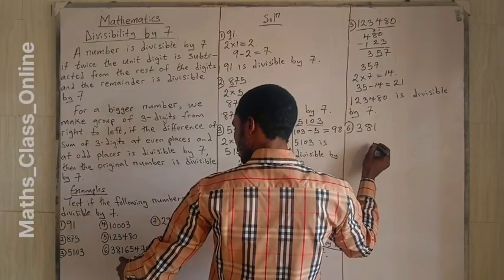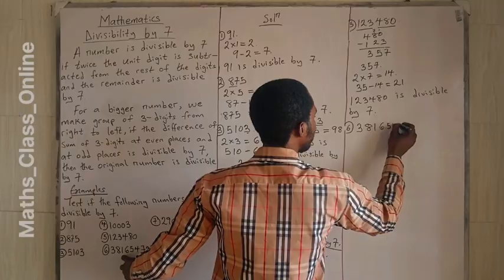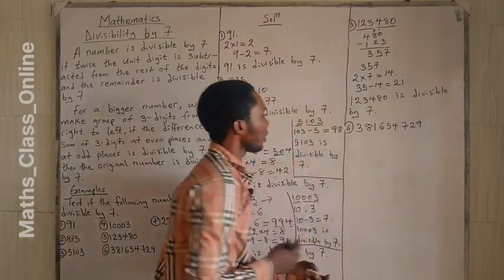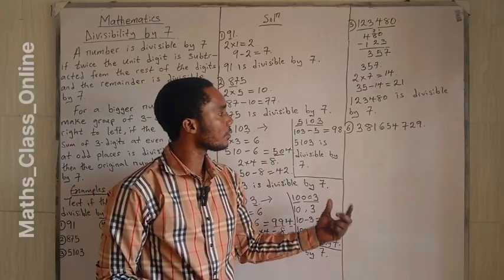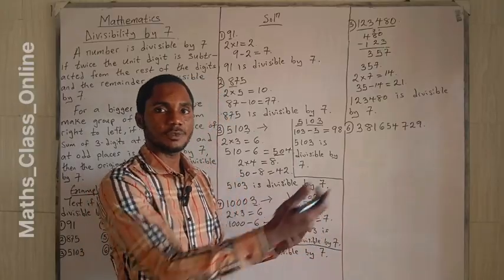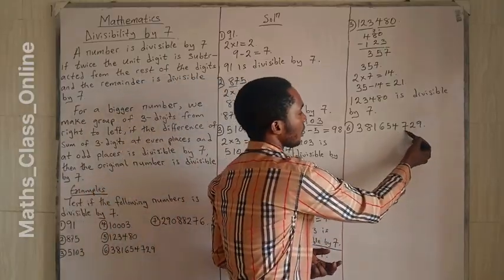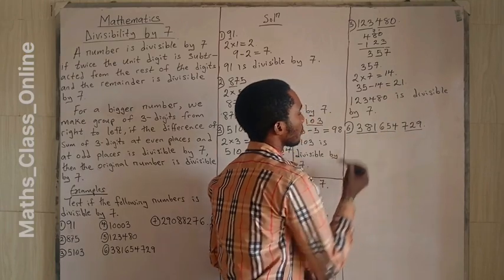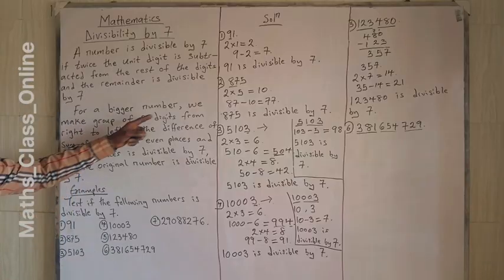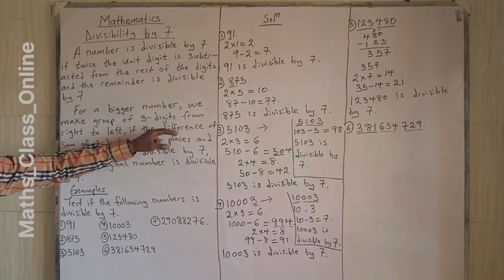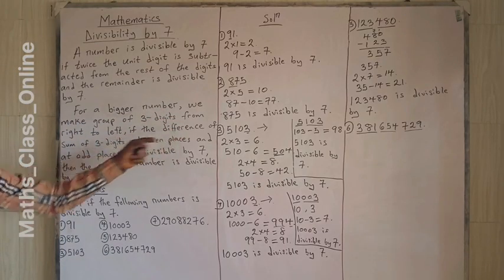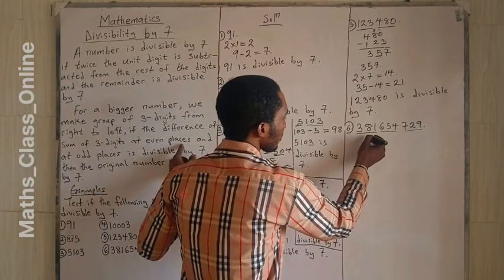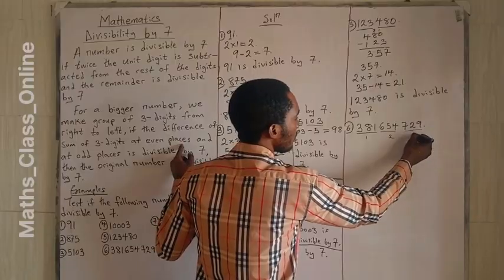The next example. 381 654 729. We have 381654729. Let's group in 3 digits from the right. For a bigger number, we make groups of 3 digits from right to left, and take the difference of the sum of the digits at odd places and the sum of the digits at even places. This is the first group, the second group, and the third group.